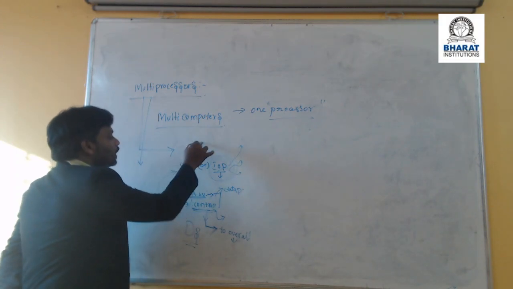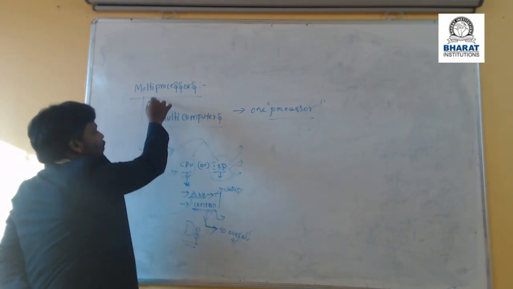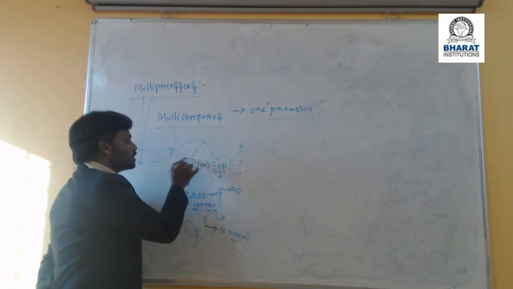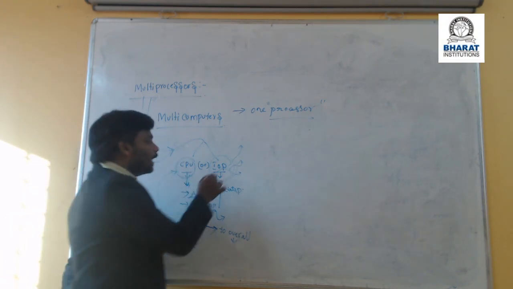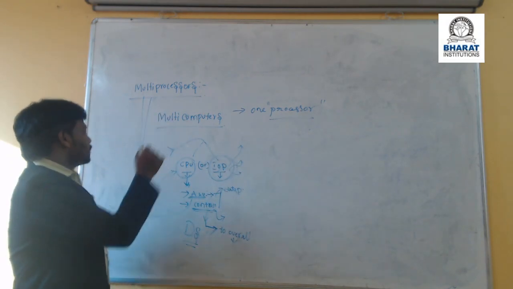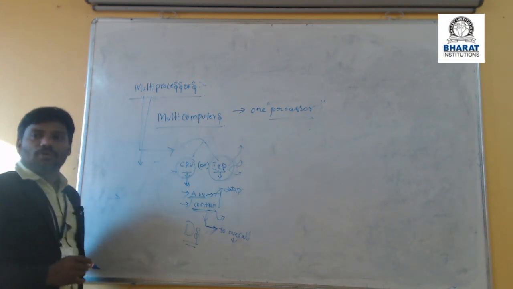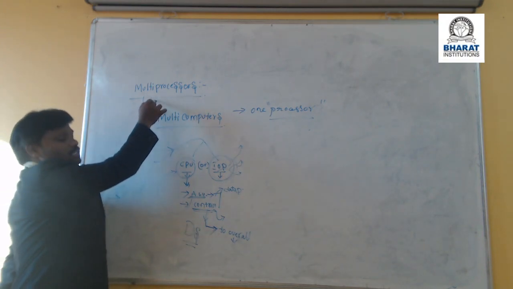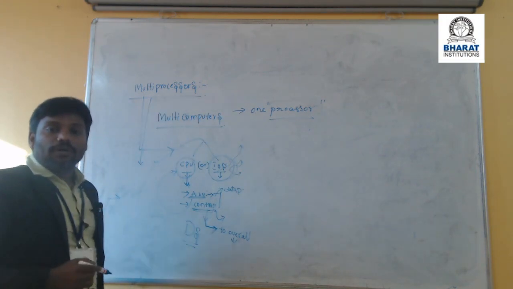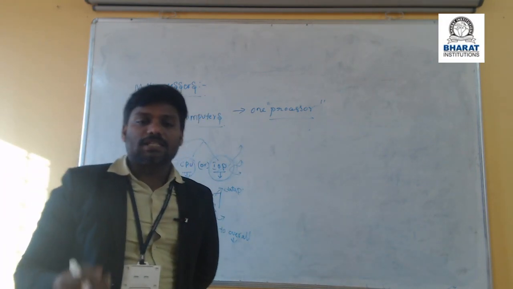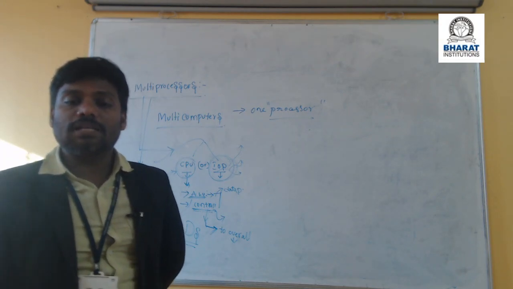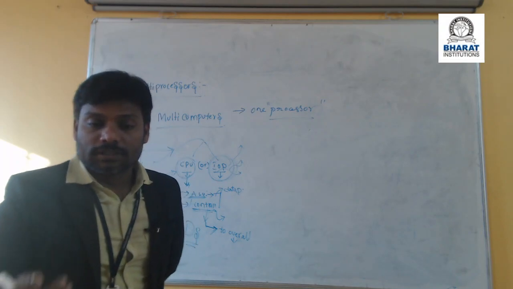So from the multiprocessor system point of view, a processor is nothing but the central processing unit or the input output processor. The definition of a multiprocessor system is a system supporting an interconnection structure of more than one processor.